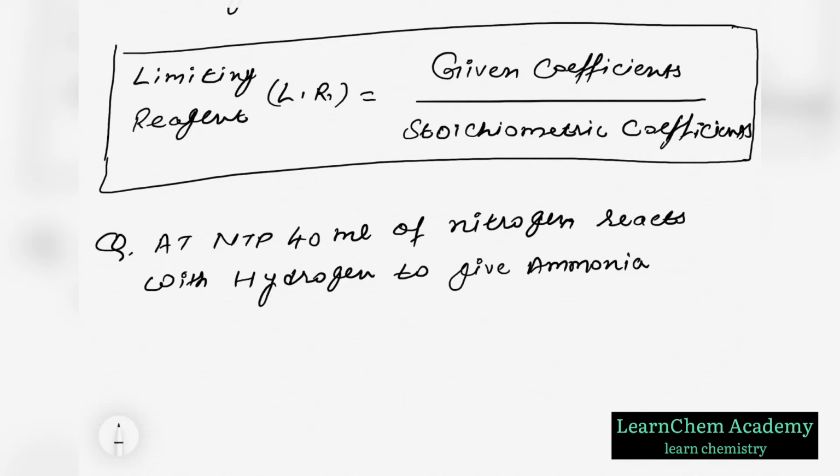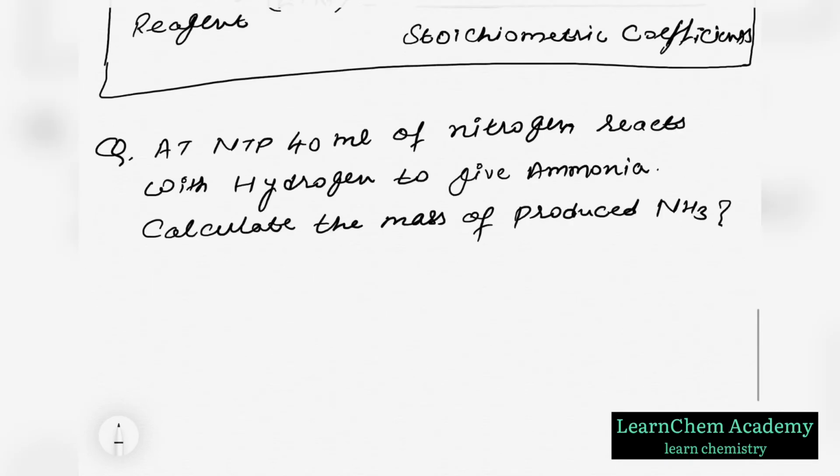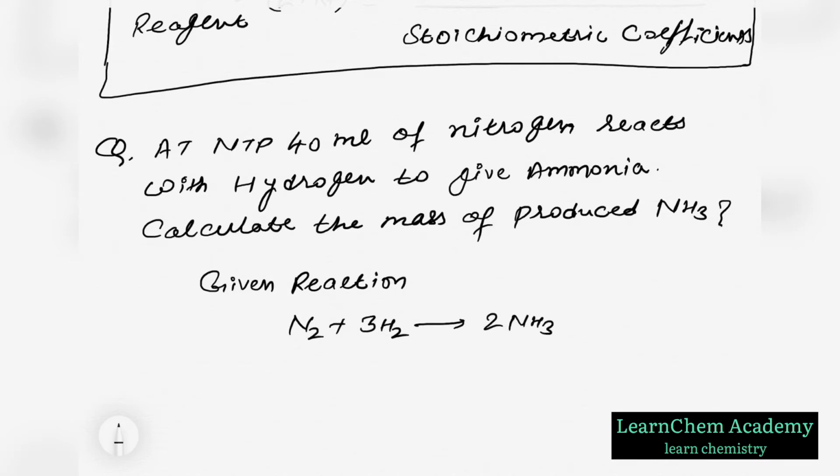Calculate the mass of ammonia produced, and the given reaction is N2 plus 3H2 equals 2NH3.